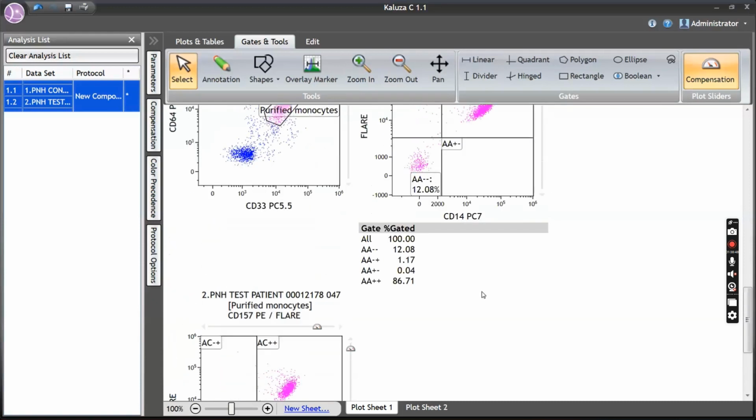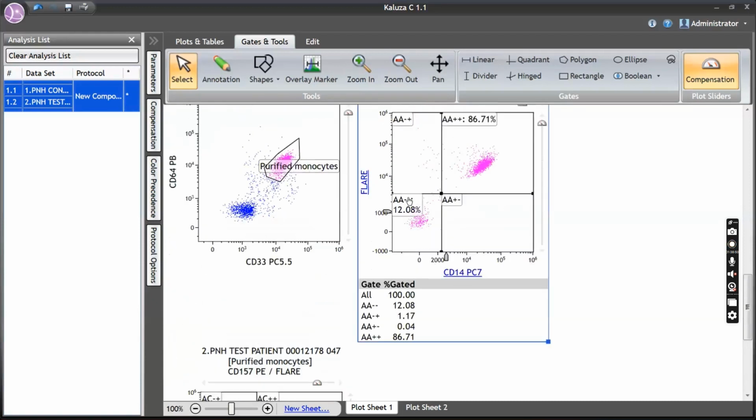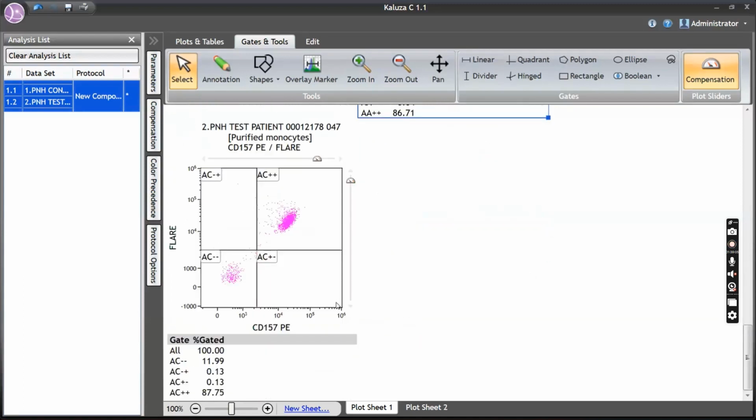Now, how do you report this case? What are the terms you use? You will say PNH clone detected. And what is the percentage you will put? You should use the maximum percentage. PNH clone detected at 12%.